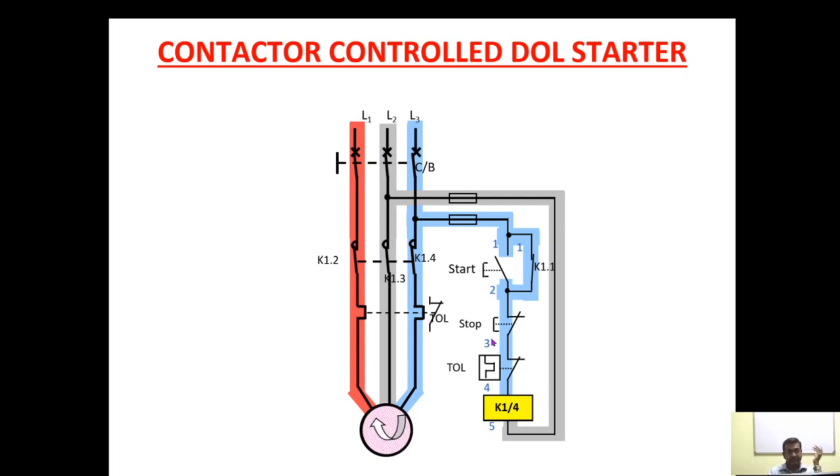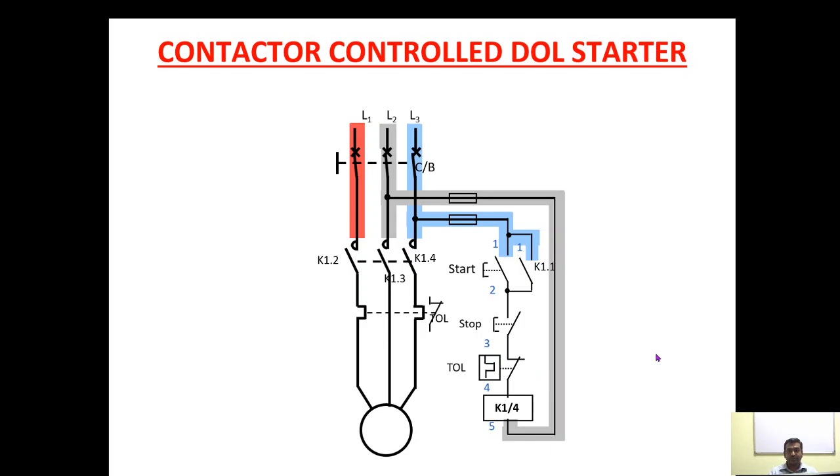When you release it, it opens, but because this circuit is closed, the motor keeps running. When you push the stop push button, which is normally closed, you are opening it, and the supply to the contactor gets disconnected. The contactor de-energizes, opening the contact terminals, and the motor stops.